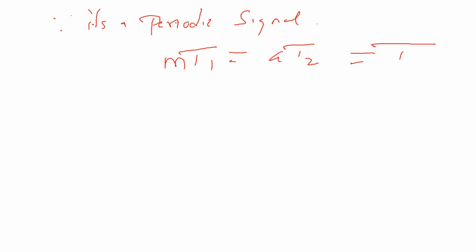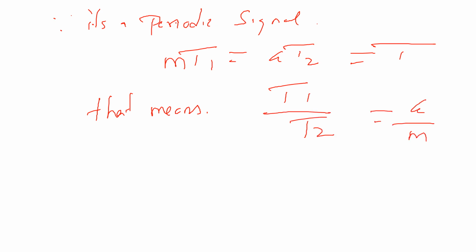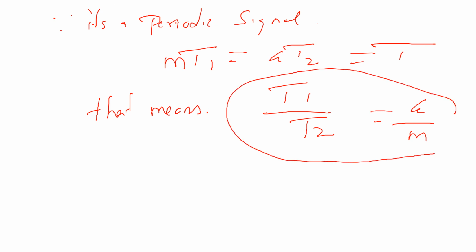So that means T1 by T2 is equal to k by m, and this should be a rational number.